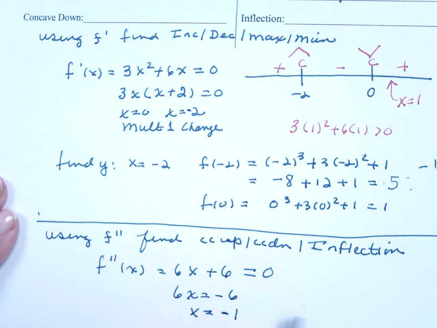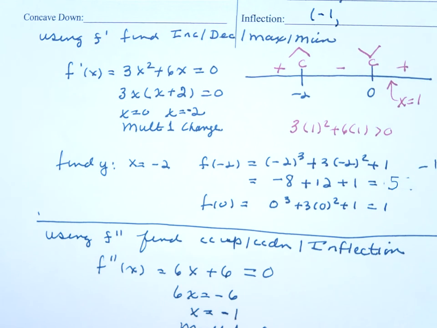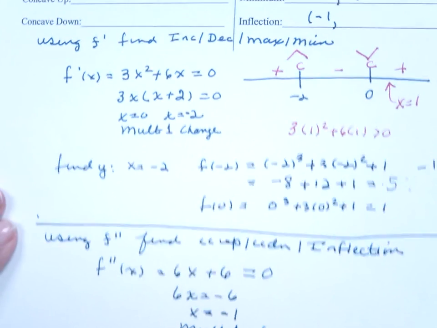It is multiplicity 1, so I do have a change. That means that of a change of inflection, it is an inflection point. I just don't know what the y value is, and I don't know what concavity I'm dealing with. Well, I do.